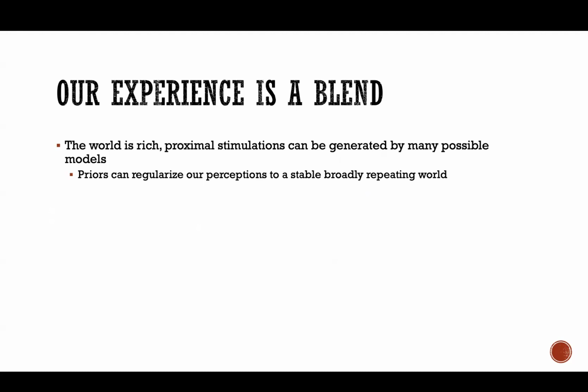And priors can regularize our perception to a stable, broadly repeating world, right? As we move around, the information that we get changes, but we still perceive the same person there. The idea is that our previous knowledge of the world and consolidating posterior stabilize our perception. This is one way of looking at that.